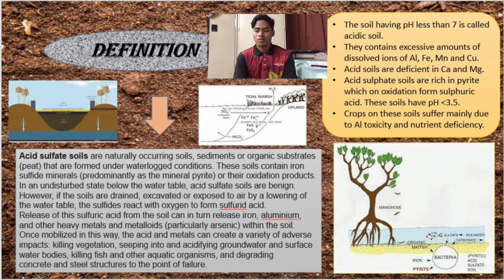Acid sulfate soils are rich in pyrite, which on oxidation forms sulfuric acid. These soils have pH below 3.5. Crops on these soils suffer mainly due to aluminium toxicity and nutrient deficiency.